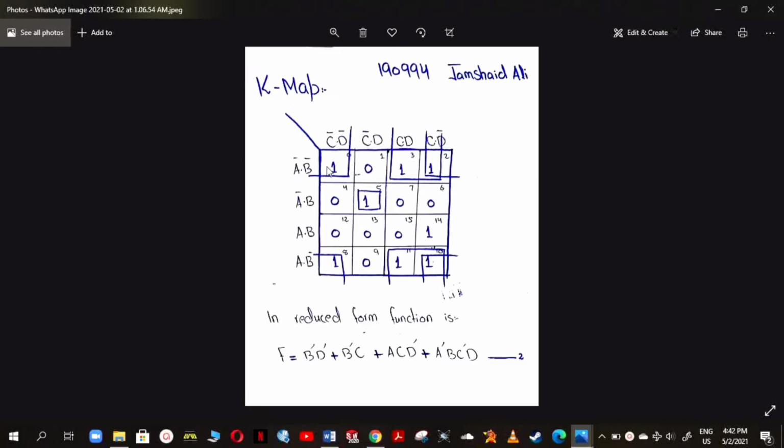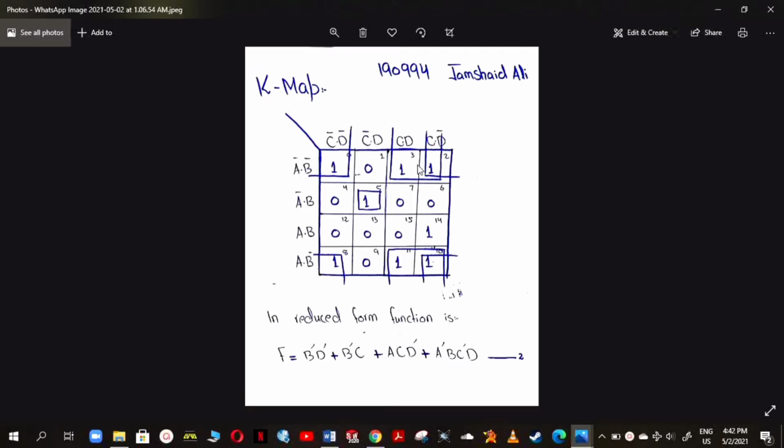These 4 cells give B dash D dash, because B dash is common vertically, and horizontally D dash is common. So the first term is B dash D dash. Now we have the second group, which is 1 1 and 1 1.